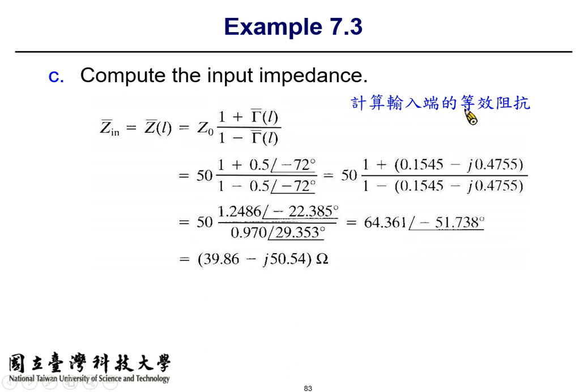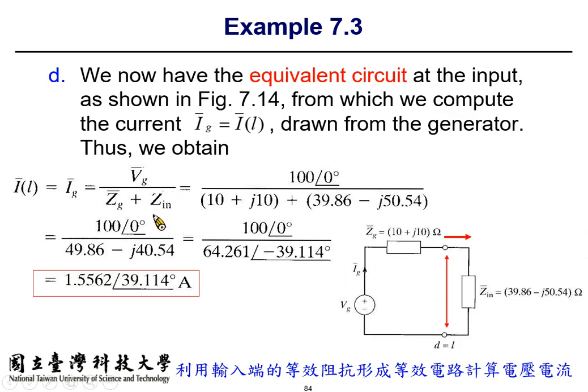Then you can calculate the input impedance using the reflection coefficient at the left end, which is about 40 minus j50. The input impedance is used with Z_G, the generator internal impedance, to find out the current supplied into the transmission line.